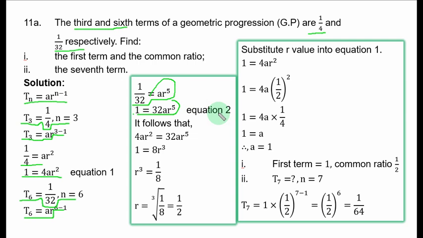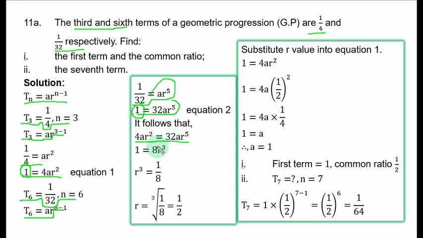Now if you check both equations, their left hand sides are equal. You have 1 and 1. This implies that the right hand sides are also equal. So you have 4a r squared is equal to 32a r to the power of 5.